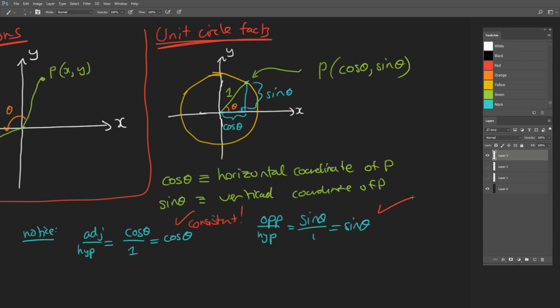And this is also consistent with our triangle definition, because the triangle definition says that the opposite over the hypotenuse is sine of theta. So this means that the unit circle definition is consistent with the triangle definition for small values of theta in the first quadrant, and the unit circle definition is actually an extension of the triangle definition.